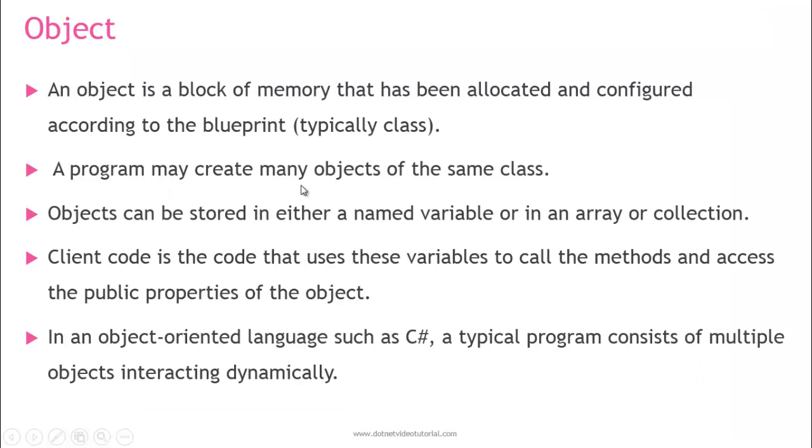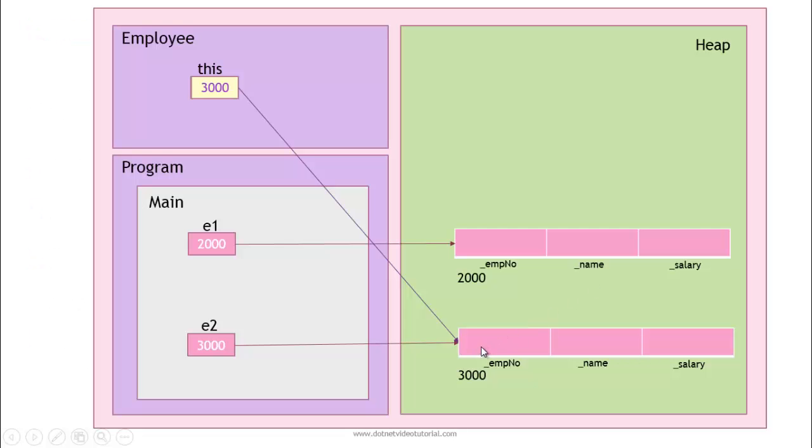A program may create many objects of the same class, as we have created E1, E2 of the same class employee. Objects can be stored in either a named variable or in an array or collection. Here you can see that we have stored this object in a named variable. Same way we can store it in some array or collection that we will see later.